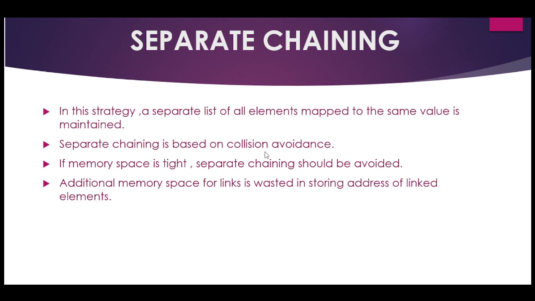To avoid collision, we use this separate chaining technique. If memory space is tight, separate chaining should be avoided. That means if memory space is free, separate chaining can be used. Additional memory space for links is wasted in storing addresses of linked elements.